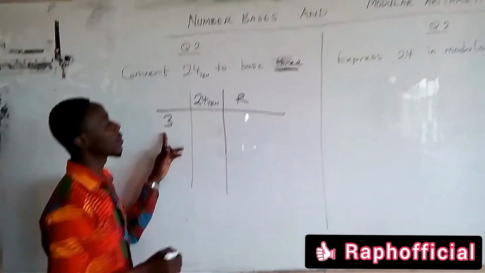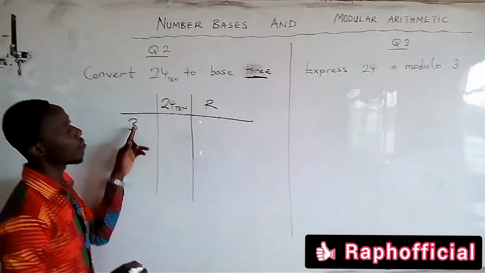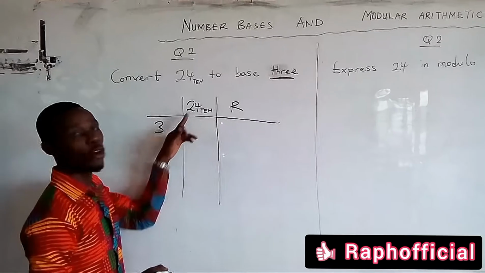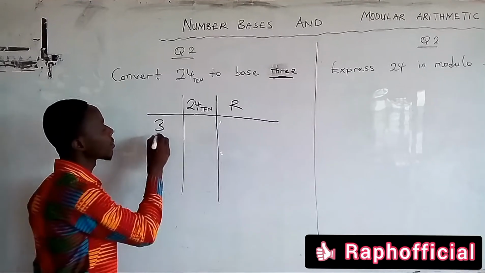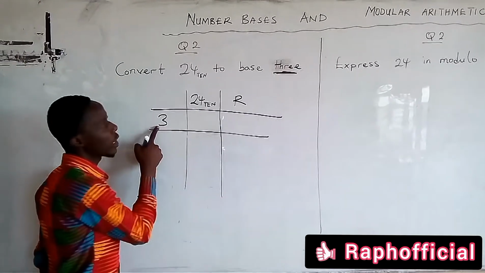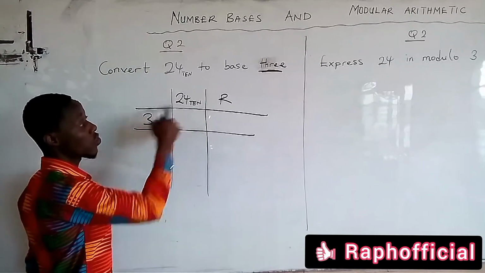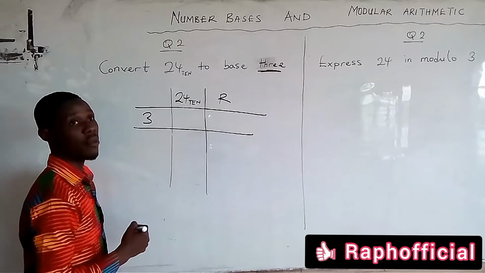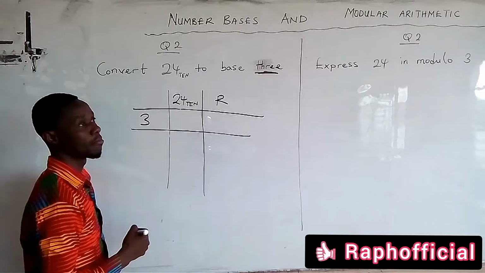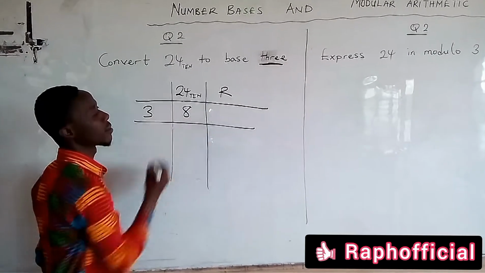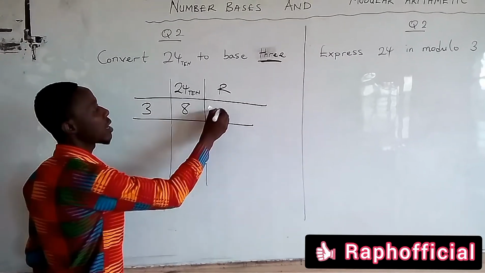So we have to divide 24 by 3. 3 goes into 24 how many times? 8. Is there a remainder? 0.